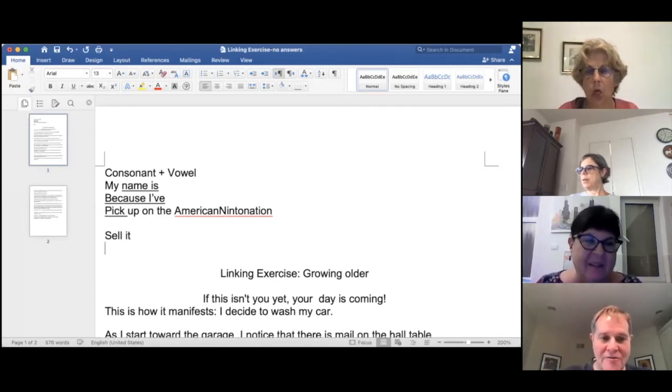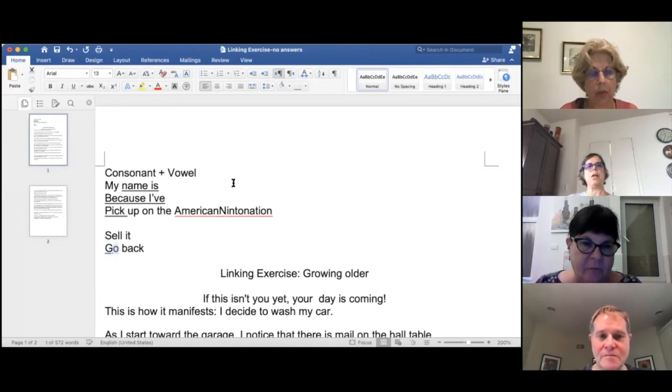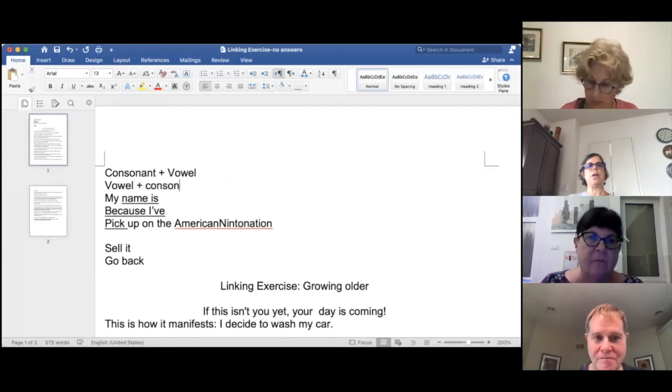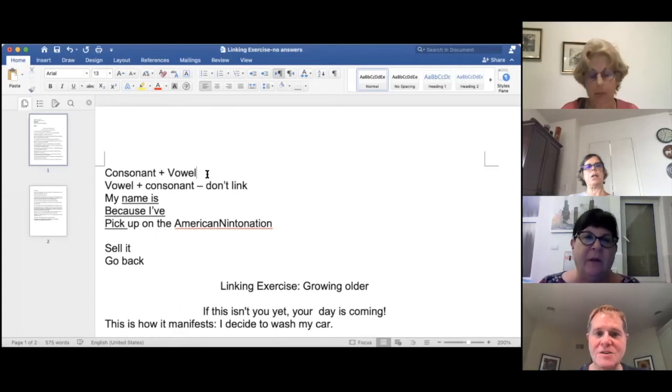But if I have go back, what's the last sound in go? Oh, vowel. Right? So this is vowel consonant. Don't link. Consonant plus vowel links. It doesn't link. Yeah.